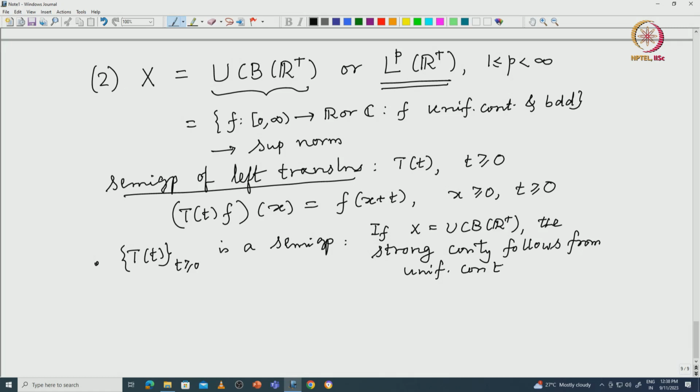So, if X is LP of R plus, the strong continuity follows from the continuity in the norm.